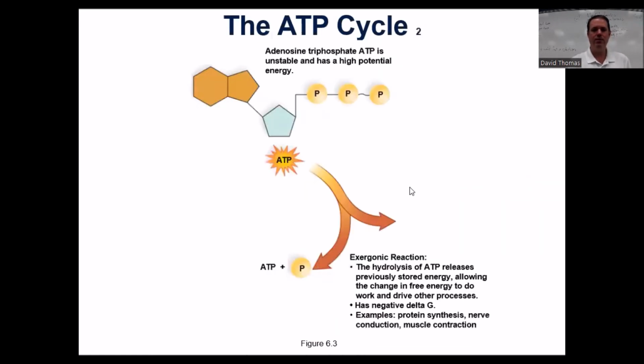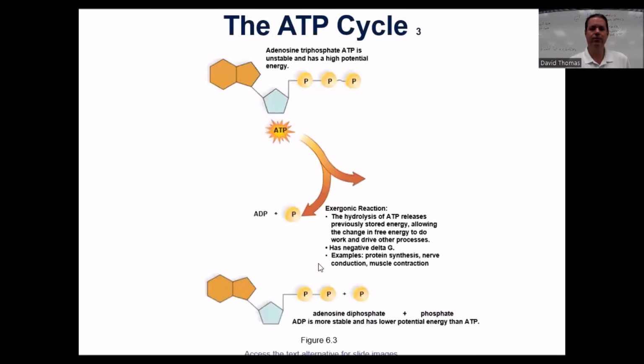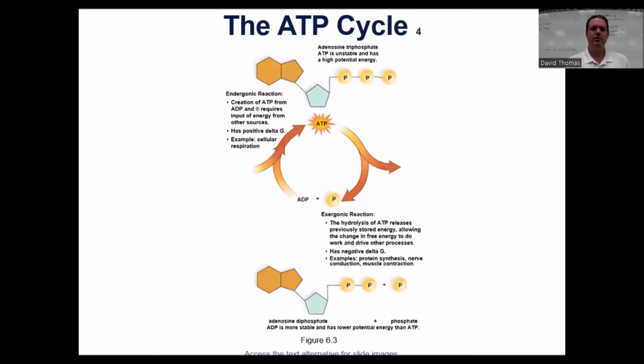I'm not sure, let's see, I think we go through some of the figures here. Once you break loose that phosphate group, and that's what this is showing you, you've released some energy into the cell.